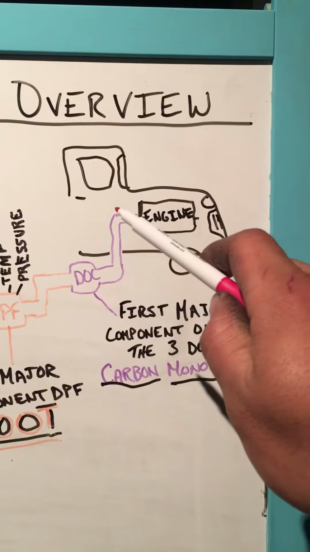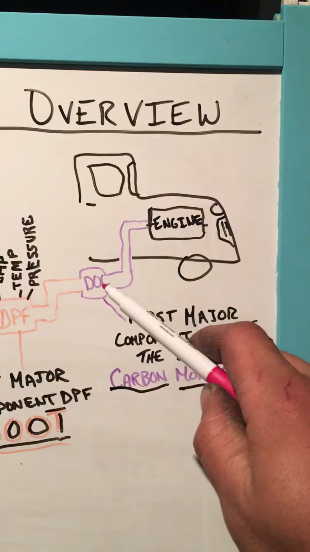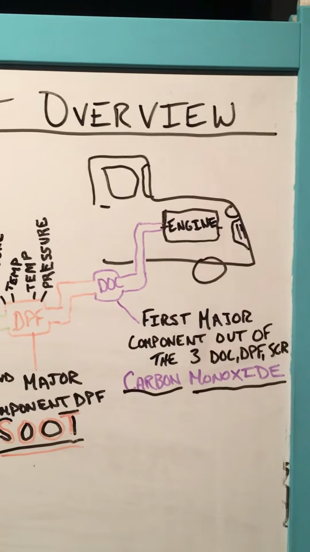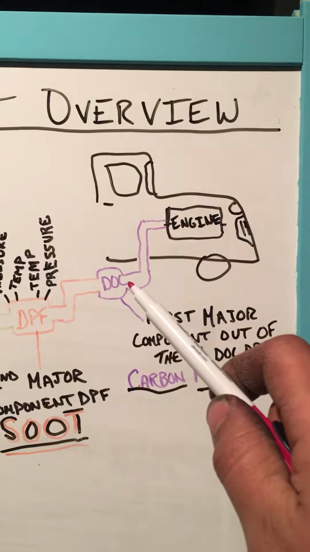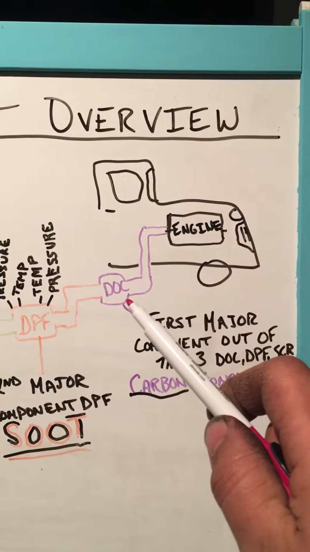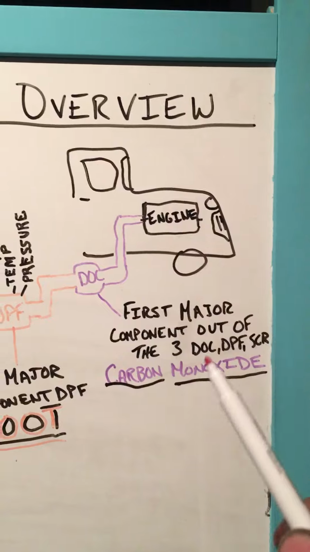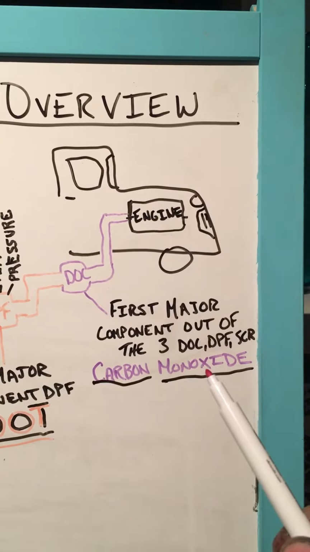And so as the exhaust comes out of the engine, the first thing in the system, in every application that I've ever seen, whether Cummins or Detroit or Volvo or whatever it is, the first component in the line of exhaust is the DOC, the diesel oxidation catalyst. And this component is changing your carbon monoxide, which is a poisonous gas, into carbon dioxide.